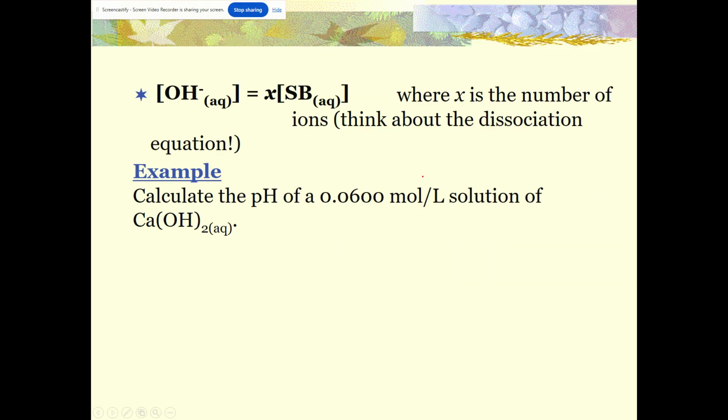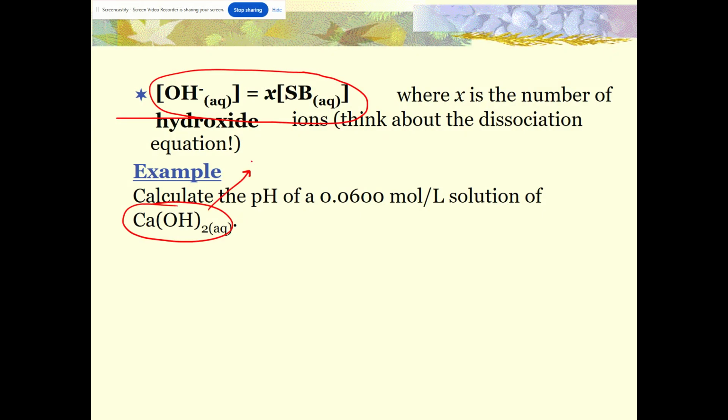And so the concentration of the hydroxide ions, this is kind of a shortcut. Rather than doing what we did in Chem 20, which was concentration wanted equals concentration given times wanted over given, this kind of does that really quickly for you. So I'm starting with what is my compound. It is a base because it's an ionic hydroxide, and not only that, it is a strong base because it's an ionic hydroxide.